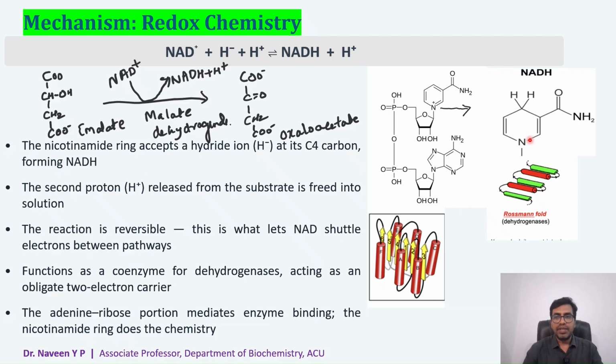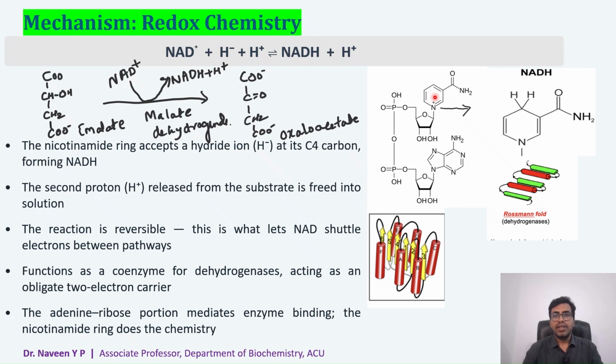Finally we will have the structure like this. This is how the hydrogen and electrons which are present in the substrate molecule will be taken onto this nicotinamide ring of NAD.